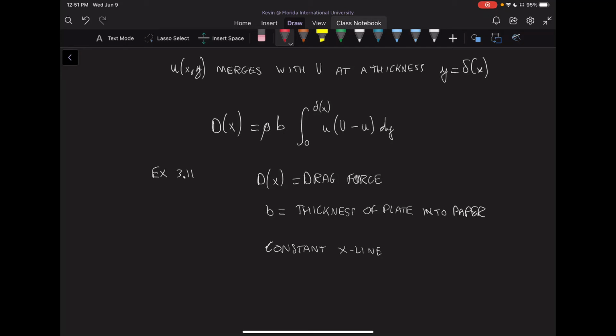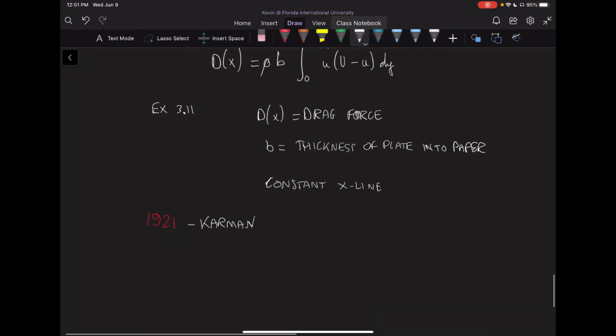So in 1921, Kármán derived that the drag D of x could be rewritten as equal to rho b U squared times theta, where theta was a new term called momentum thickness.